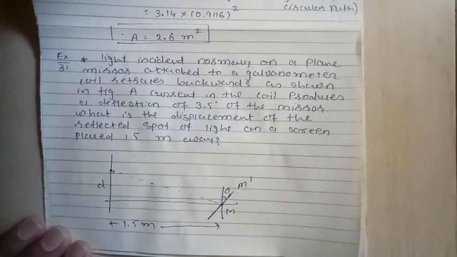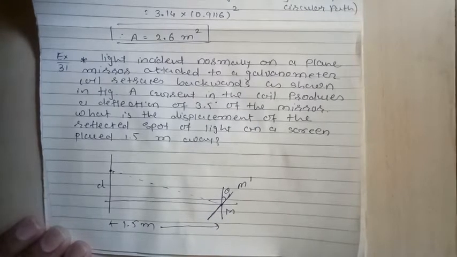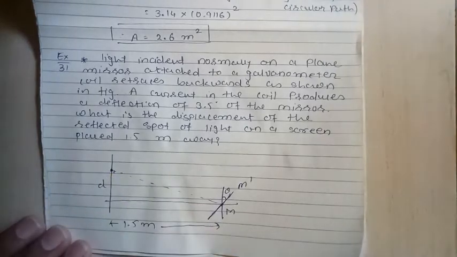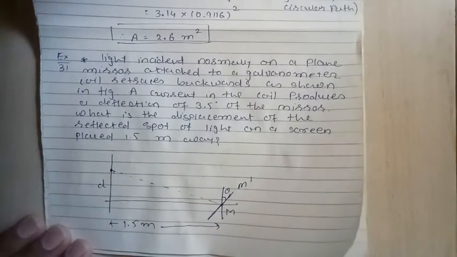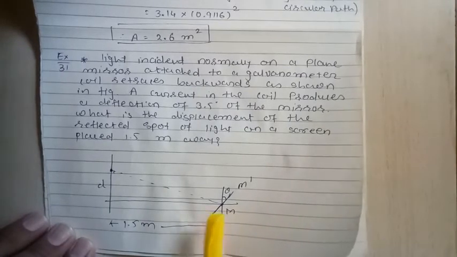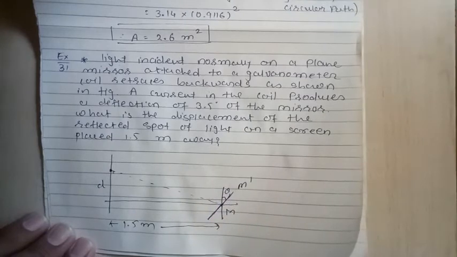Then the reflected ray will be rotated by 2 theta, so the reflected point will be obtained here. I repeat this sentence: when the mirror is rotated by theta, its position changes from M to this point M dash.